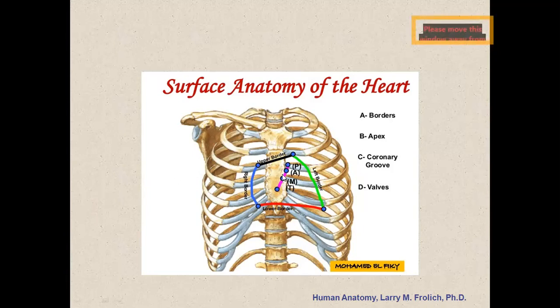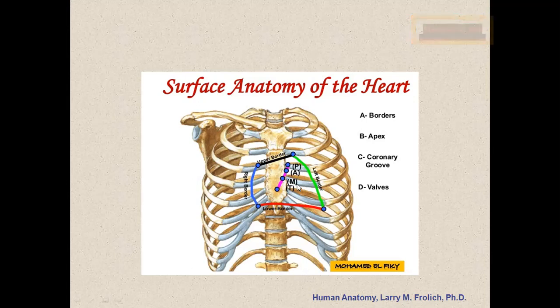Okay, and then you are finding certain valves. What are those? See, this is the second rib, right? So this is the third rib. At the level of the third rib, very close to the parasternal margin, on the left side we have the pulmonary valve. Immediately below which we have the aortic valve. Both are semilunar valves.